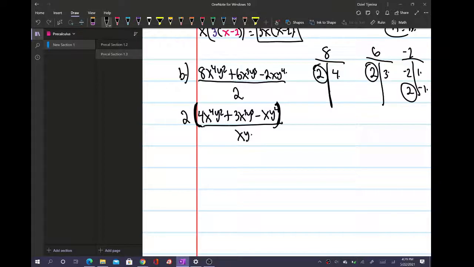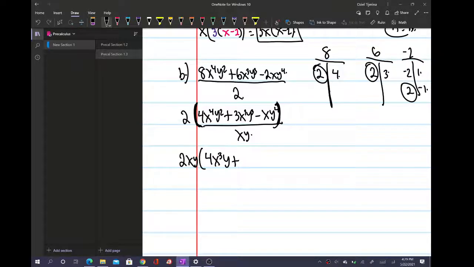If I do that, 2xy is going to be times 4, and then to get x to the 4th, I multiply by 4x cubed, and then for y squared, to get from 2xy to y squared, I just put a y here.